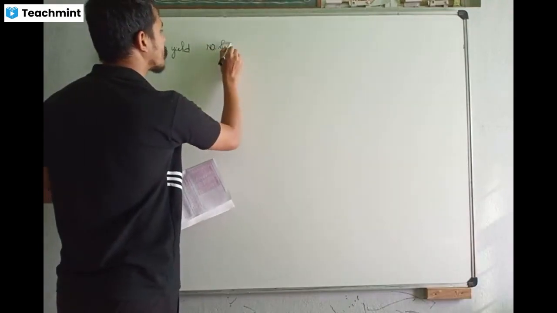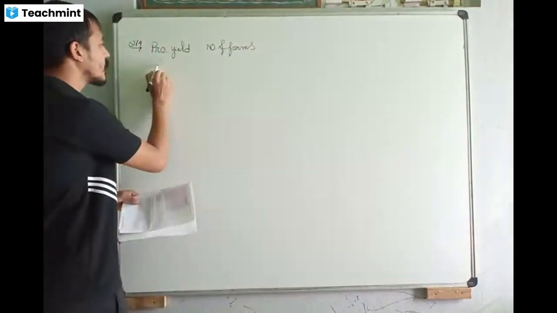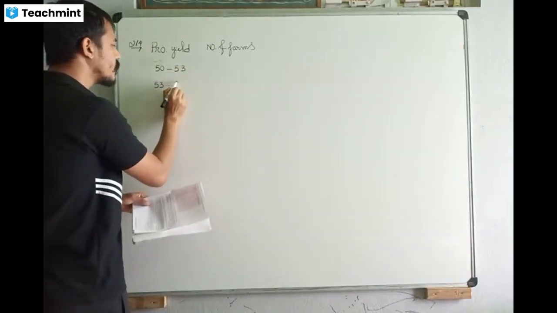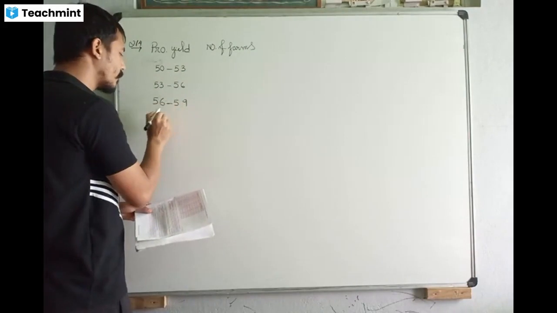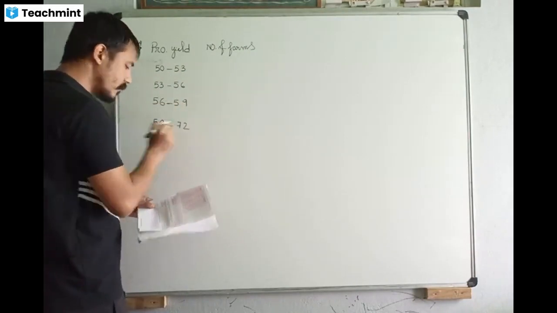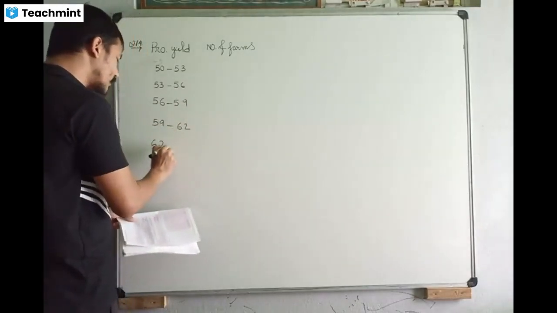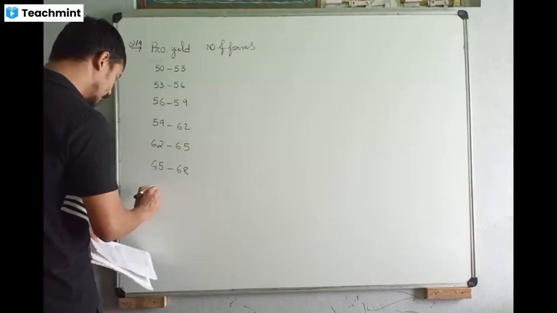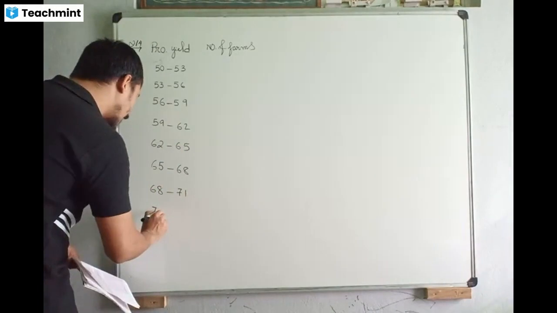Production yields are given as 50 to 53, 53 to 56, 56 to 59, 59 to 62, 62 to 65, 65 to 68, 68 to 71, 71 to 74, and 74 to 77.